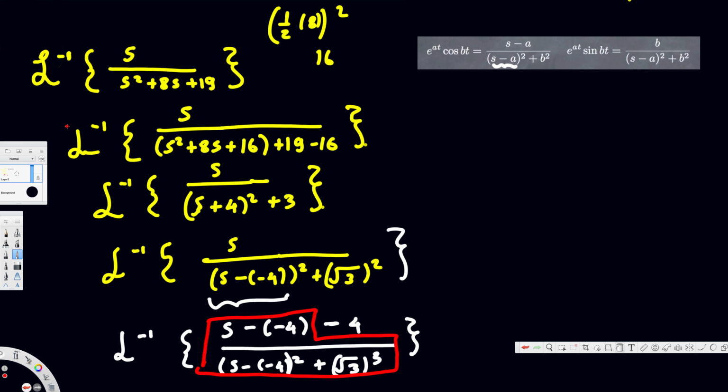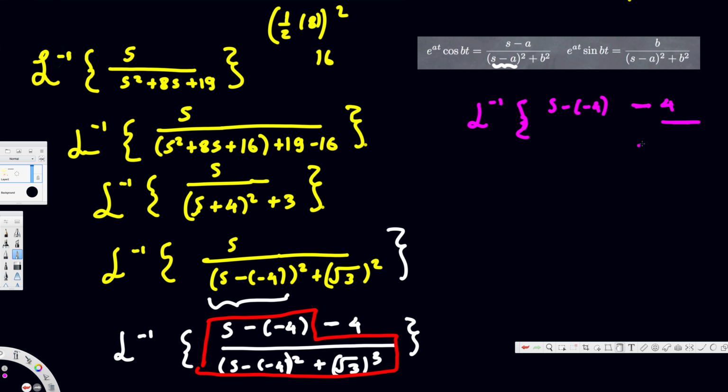What we can do is we can separate this one as a different one, like let's look at this here. Okay, here we are going to write s minus minus 4, and we are going to bring this negative 4 to this side, and we are going to bring the whole denominator here.